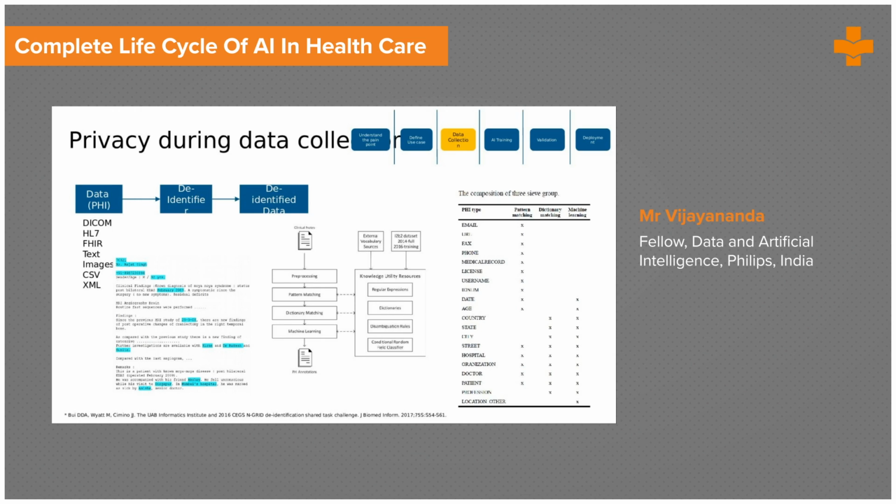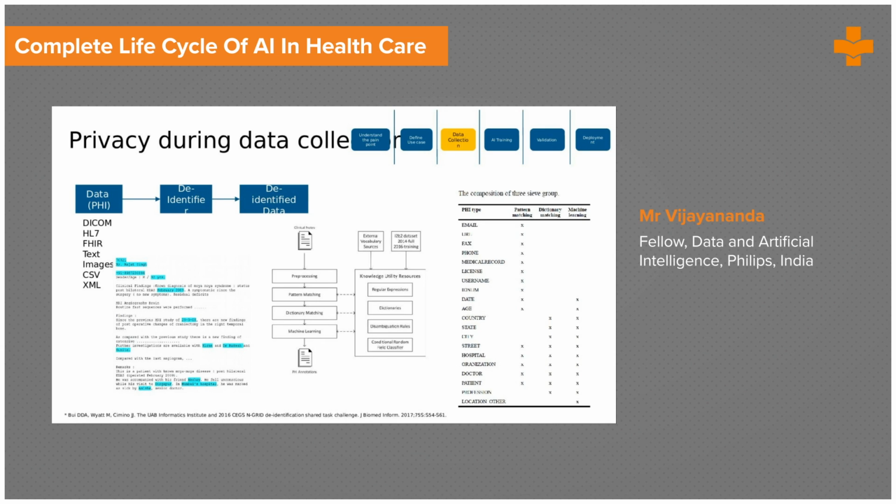It could be DICOM, HL7, plain pathology images, JPEG, PNG, etc. There is a need to de-identify the data before it is given to the R&D community to develop the algorithm, because typically these algorithms get developed in a lab, in R&D centers, and we have to ensure that the privacy is protected and the data is de-identified.